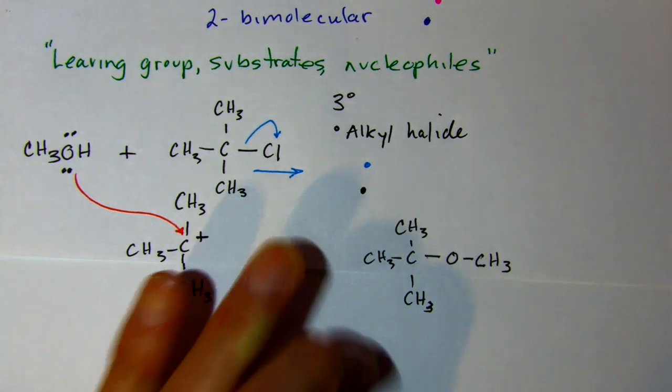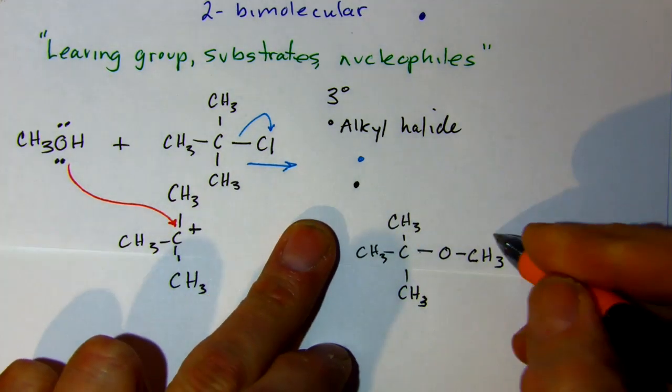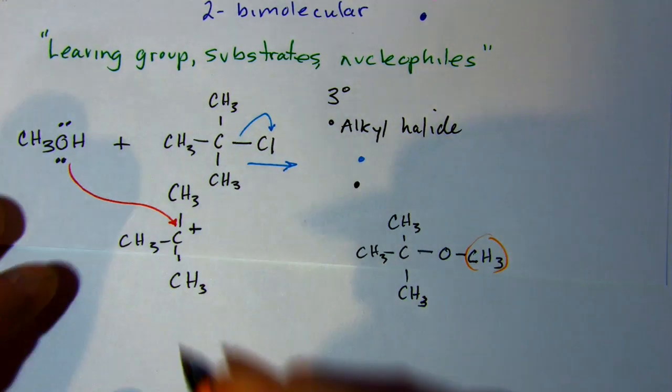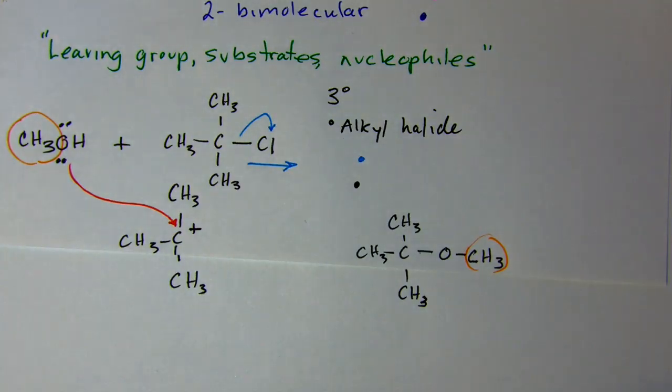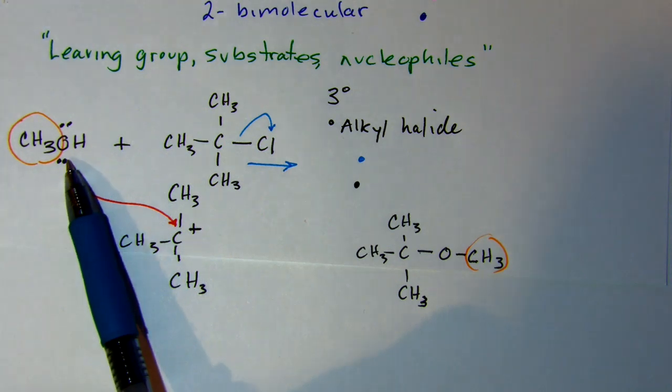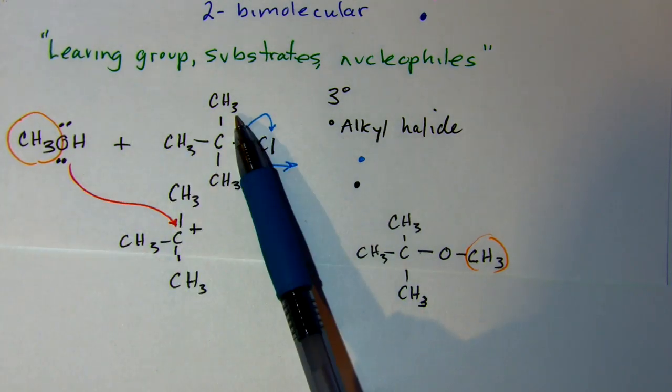Okay? We're only going to do a little bit more on this. This CH3 here is from that nucleophile. Okay, so that's the general idea of nucleophiles and substrates. This nucleophile attacks this substrate here.